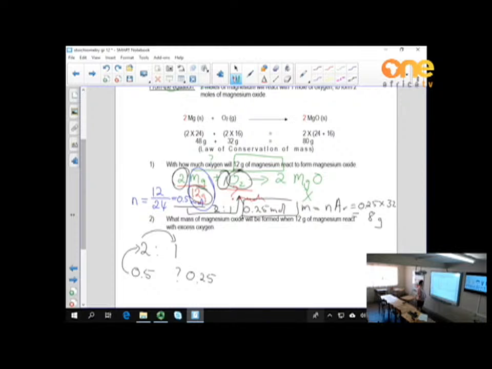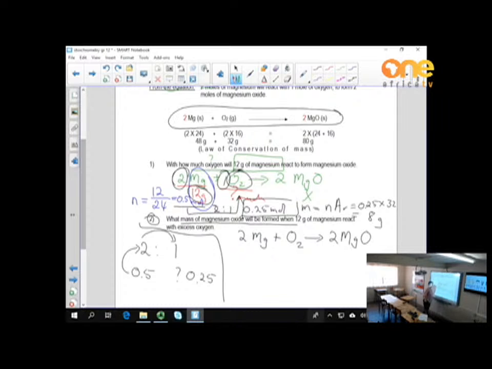All right. Now, here in the second question, they say what mass of magnesium oxide will be formed when the 12 grams of magnesium reacts? Well, we use the same equation. We now know that 2 moles of magnesium will react with 1 mole of oxygen, and it will form 2 moles of magnesium oxide from that equation.